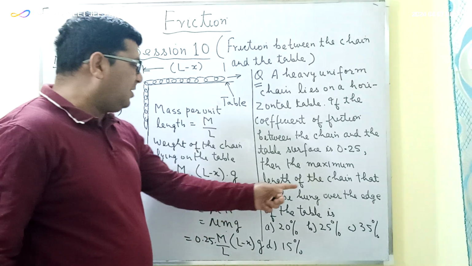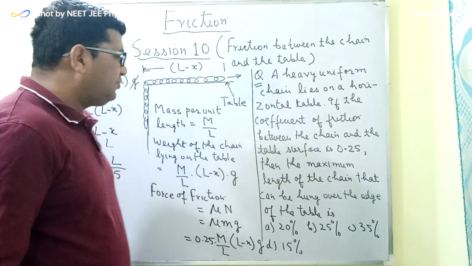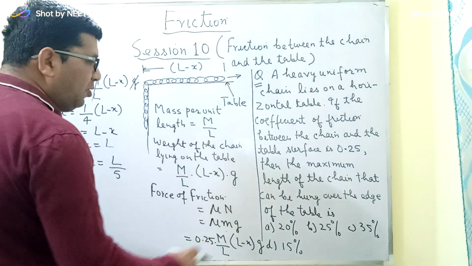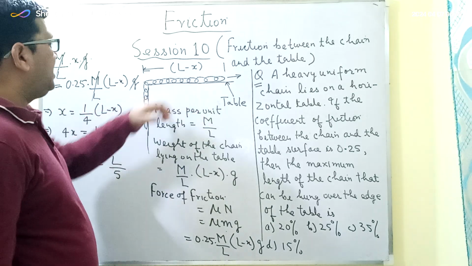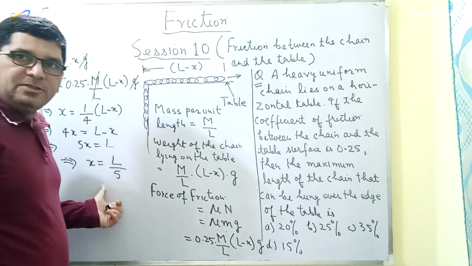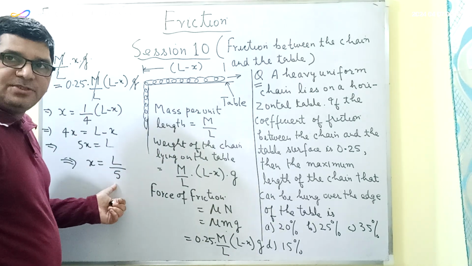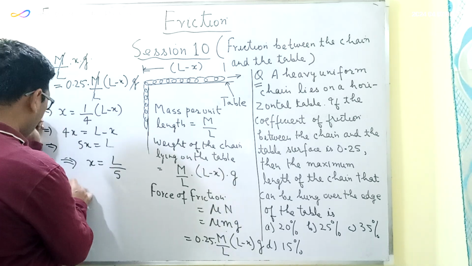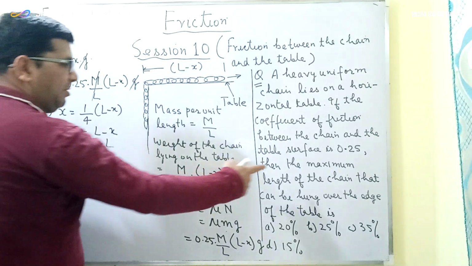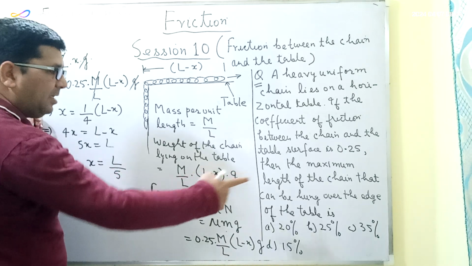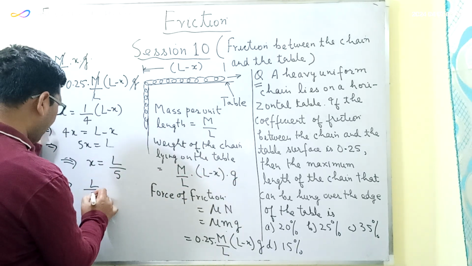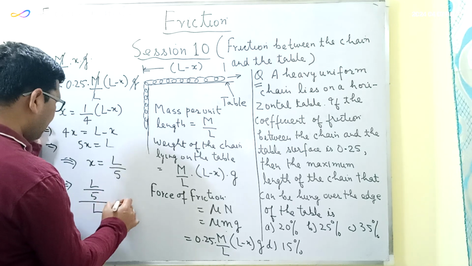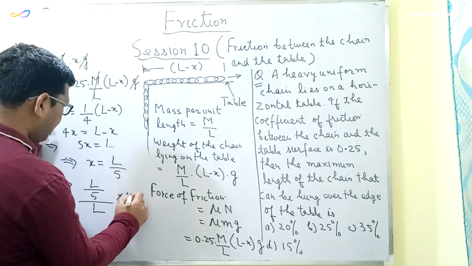Now we have to find the maximum length of the chain which can be hung over the edge of the table in percentage. So the length of the chain is L, and the length of the hanging part of the chain is L by 5. So the maximum length of the chain that can be hung over the edge of the table in percentage will be equal to (L upon 5) divided by the length of the chain, into 100.